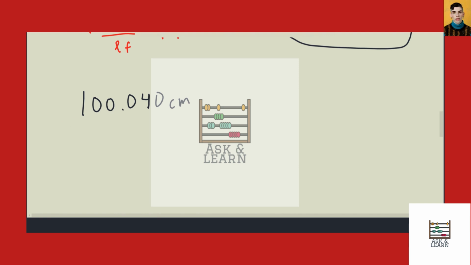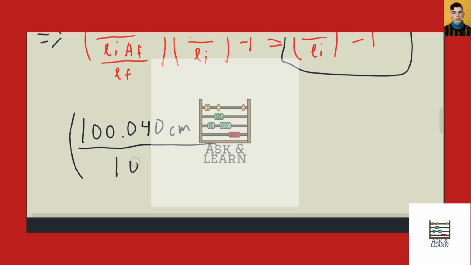We don't square that, so all this is going to be in parentheses. So we have the numerator and the denominator. We're going to plug in 100 centimeters for L of I, and then we square all of this, and then minus 1, and then this will be equal to a fractional change of 8 times 10 to the negative 4.